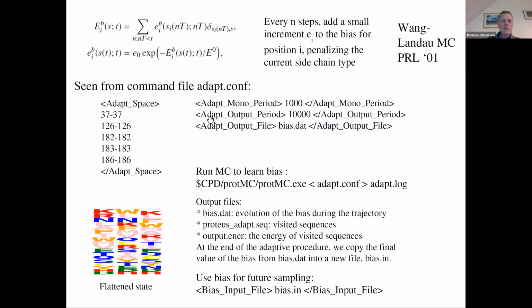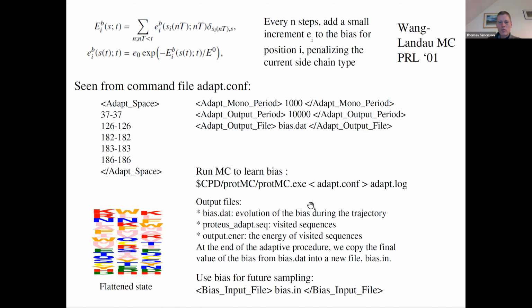And I'm going to give Proteus a few technical parameters, like how often do I increment the bias? How often do I write it to a file? And what is the output file for the bias? So like here, every 10,000 steps, Proteus is going to write down the current bias. And that could be very interesting. Over a long time, you get convergence, and that's the file you really want to keep.